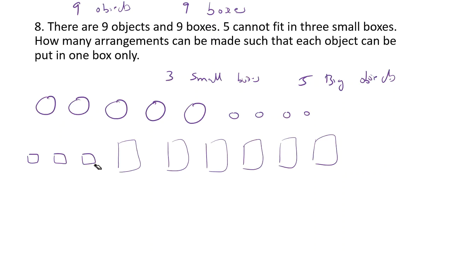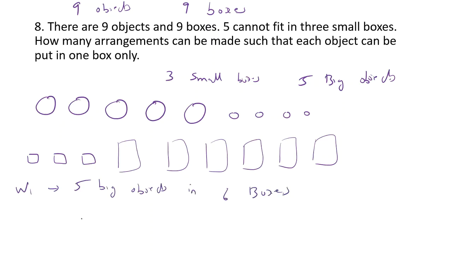Now here what we have to do is, I cannot fit these 5 objects in these 3 boxes. So first we have to fill these 5 objects in these 6 boxes. So what is our W1? W1 is to fill 5 big objects in 6 boxes.